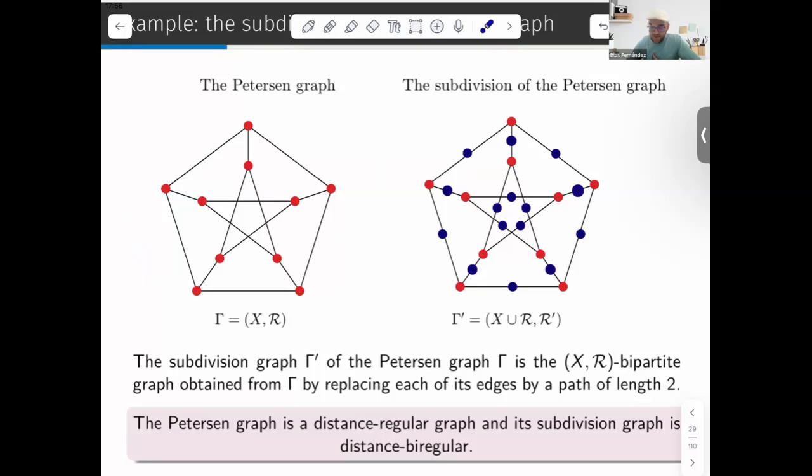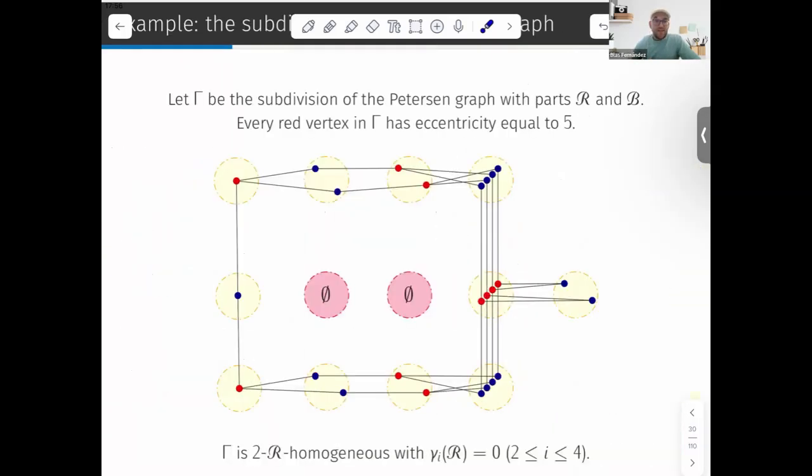And now if we consider every red vertex and we consider this distance partition that I mentioned before, the situation is the following for every red vertex that we pick. So these guys here are empty. And so this is an example of a 2y homogeneous graph, where all these bubbles are empty, and this is of course not a cycle.